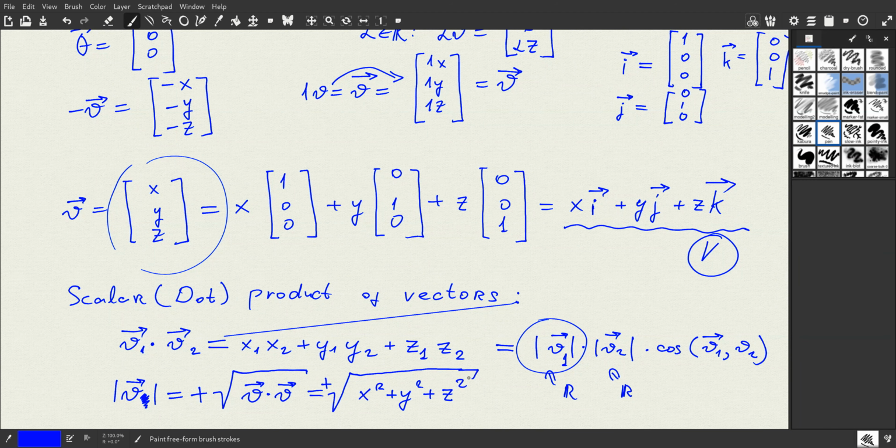This is the length of a vector or distance between 2 points in our standard Euclidean three-dimensional vector space.